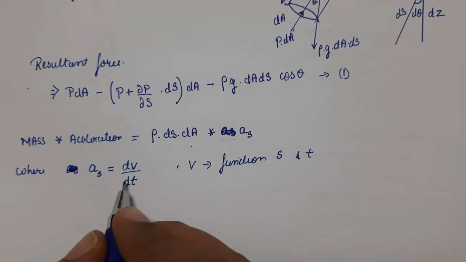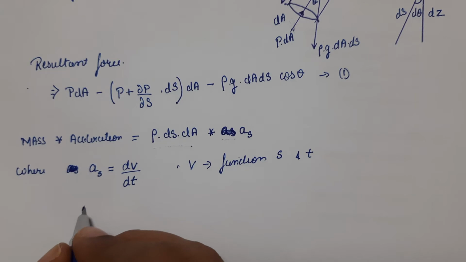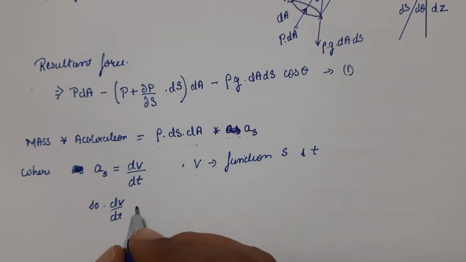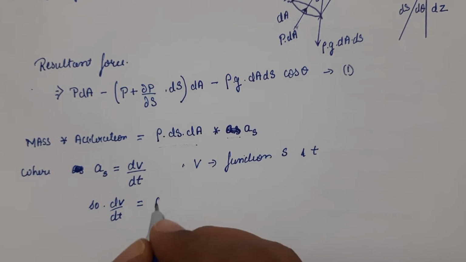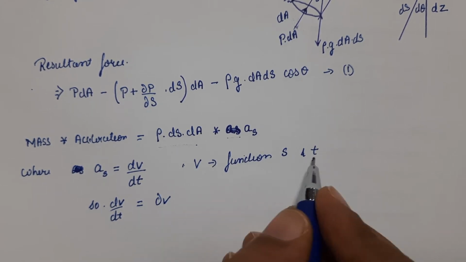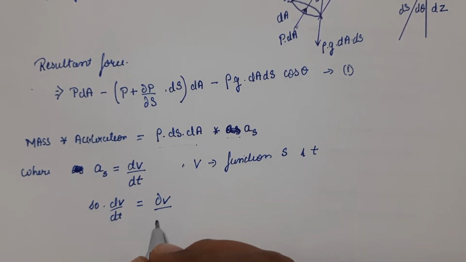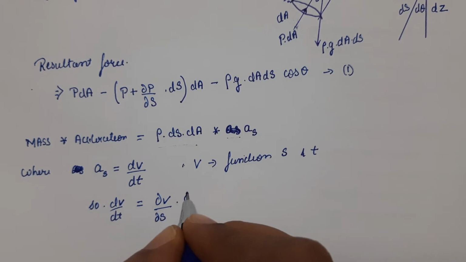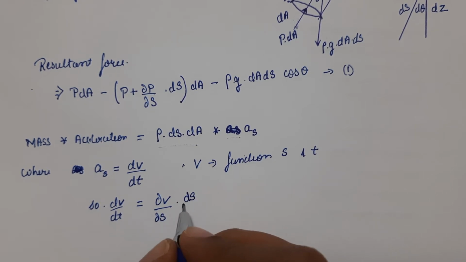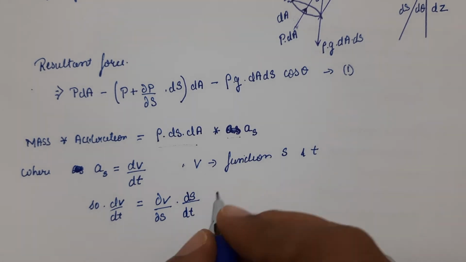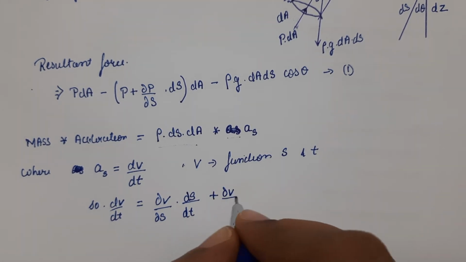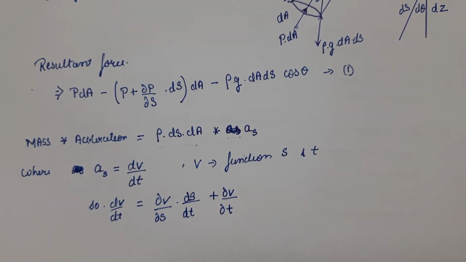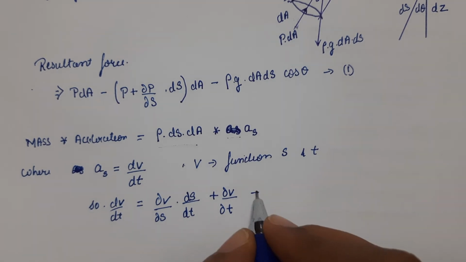So you can write dv by dt, with v as a function of s and t, as dou v by dou s into ds by dt plus dou v by dou t. This is equation 3.